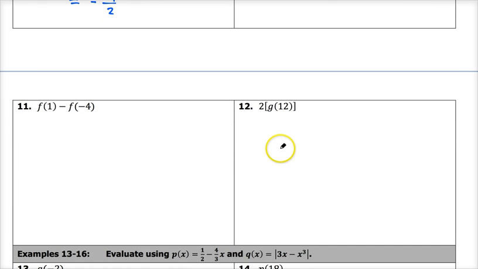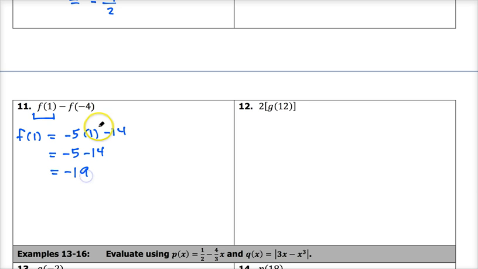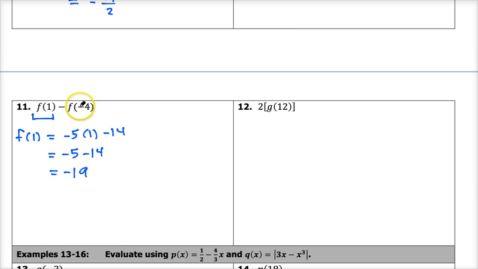Number 11, f of 1 minus f of negative 4. So we're going to do this in a couple of different steps. We'll start by calculating f of 1. So f of 1 would be negative 5 times 1 minus 14. And that gives us negative 19. And then we'll calculate f of negative 4.